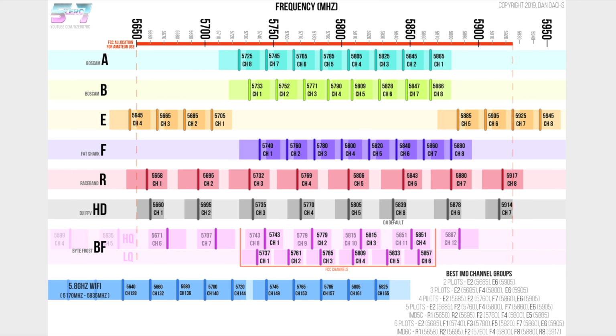And the Bifrost is down here in this sort of pink area. And there's the high quality up on the top and the low quality on the bottom. And it was just kind of a confusing mess of channels for everybody to understand.